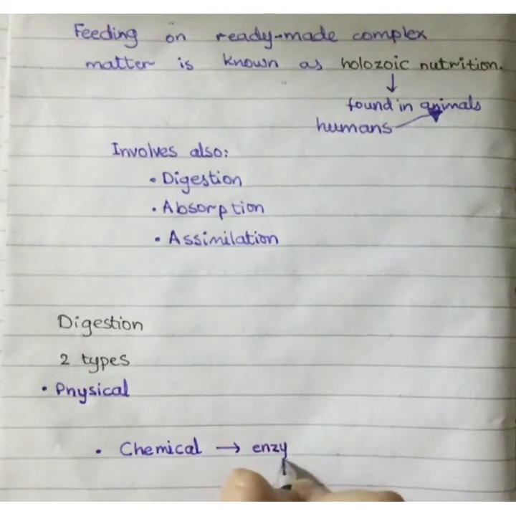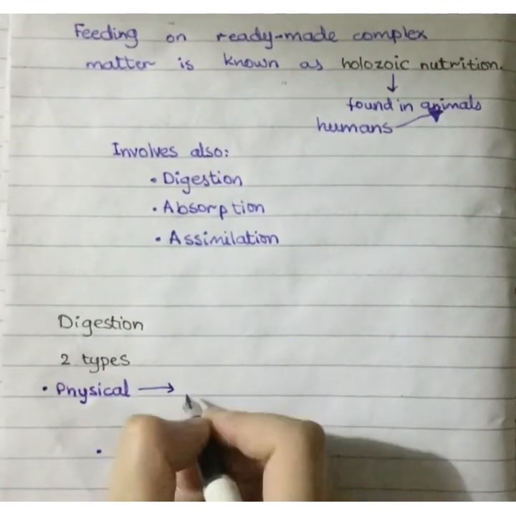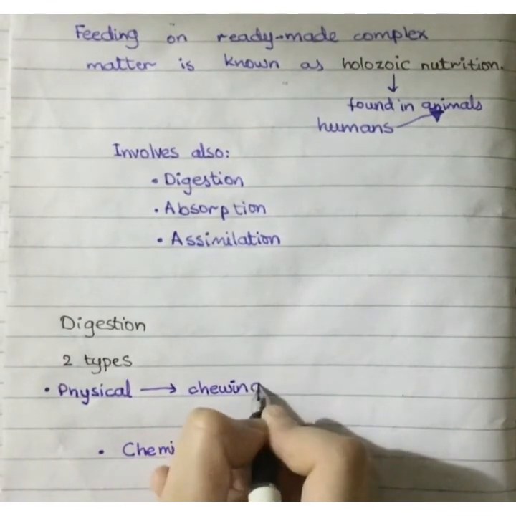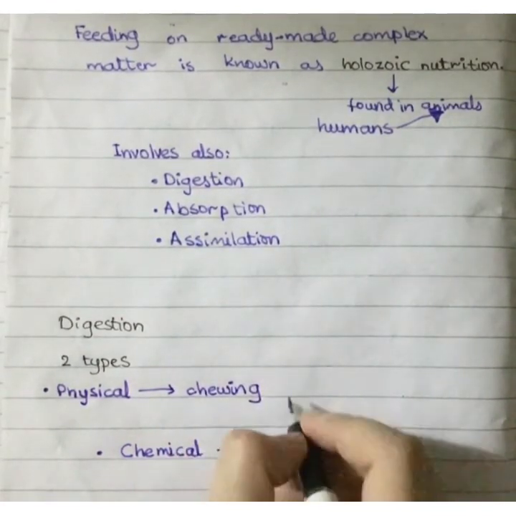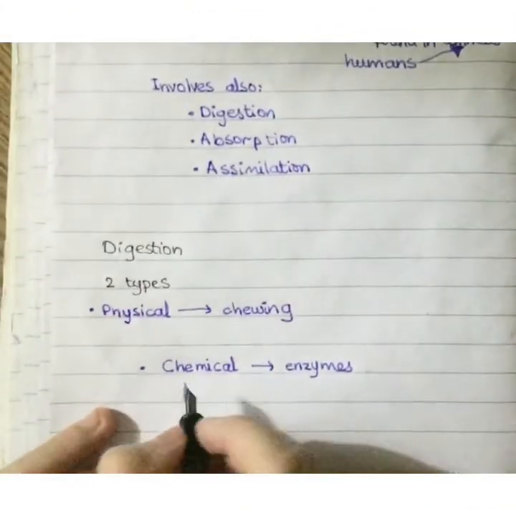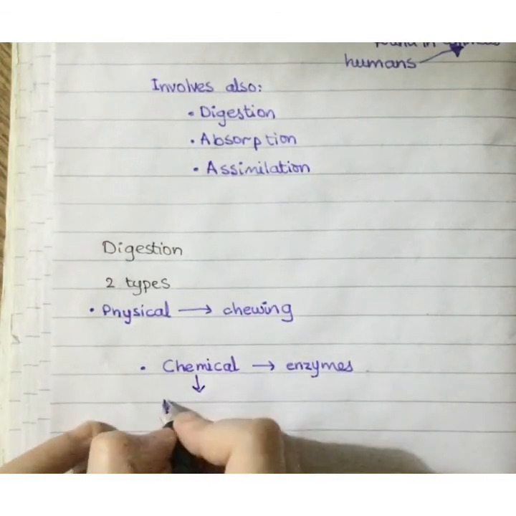Physical digestion refers to the churning that happens in the stomach, for those who have just given a reading to the chapter. And physical also happens in chewing, but for the stomach it's in the churning. And chemical is done by enzymes, the hydrolysis one.